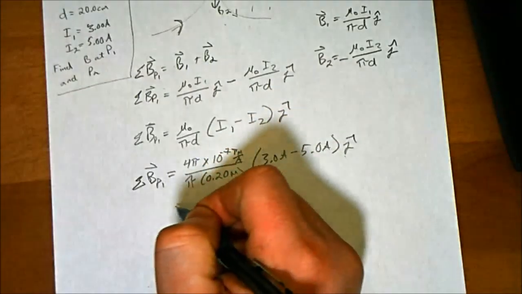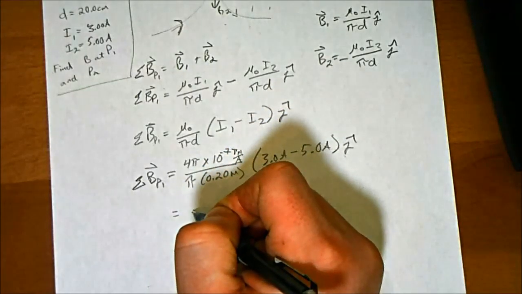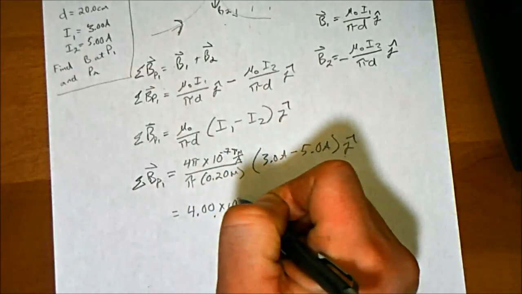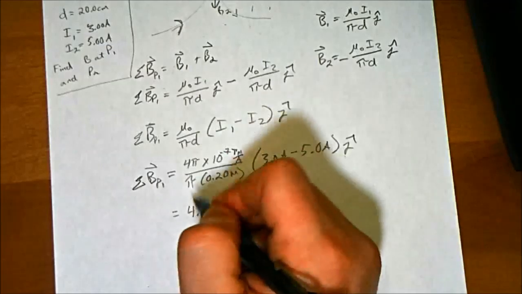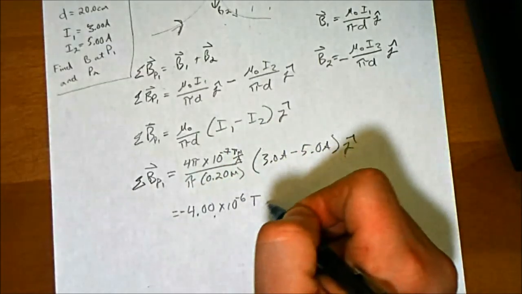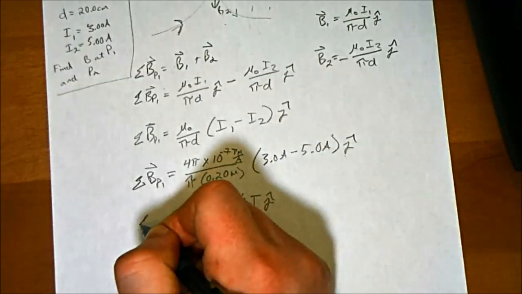And when you plug in the numbers, that is 4.00 times 10 to the negative 6 Tesla, and that is in the negative, remember, the negative came from the subtraction, j hat direction.